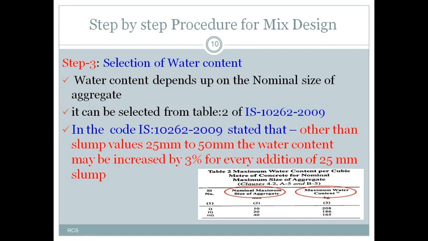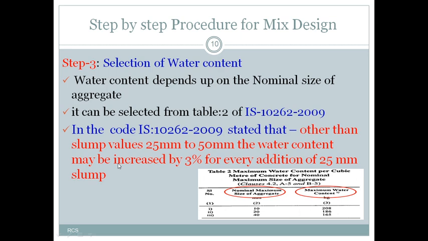So these values are subject to slump, which varies between 25 mm to 50 mm. If my slump value is more than that, how can I choose my water content? Here the code also suggests that other than the slump values of 25 mm to 50 mm, the water content can be increased by 3% for every additional 25 mm of slump.